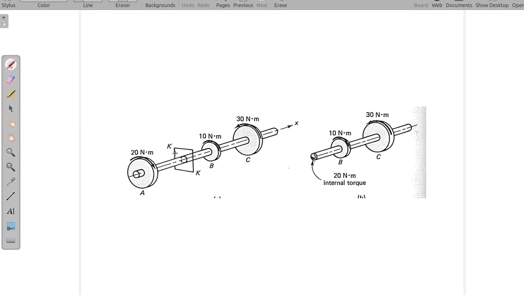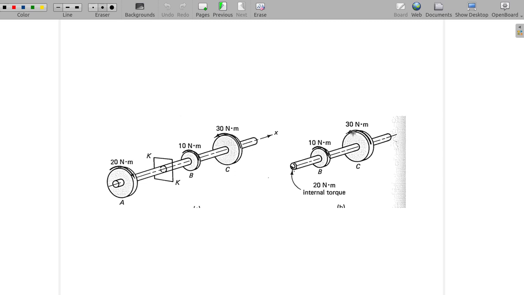So you cut the part here, and if you use the right hand thumb rule, you know that the torque has this direction here and this direction here.